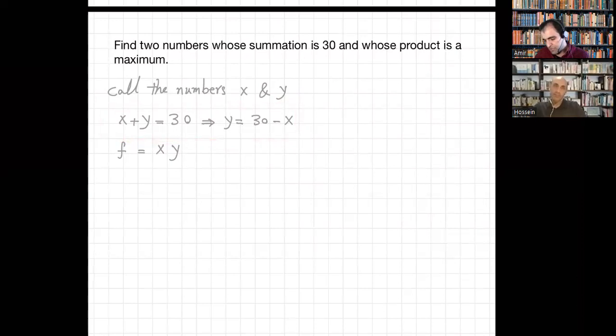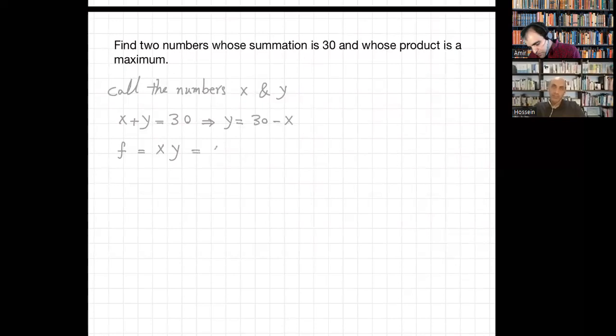So because of that first relation, we can say that they are dependent, not independent. Otherwise, this f is like a surface in 3 dimensions. Right. So because of the given information, I'm going to define y in terms of x, and I'm going to get rid of one of them. I choose y, so I get rid of y.